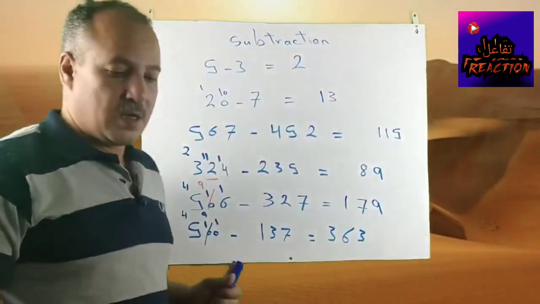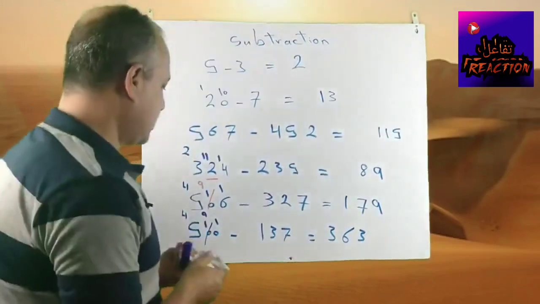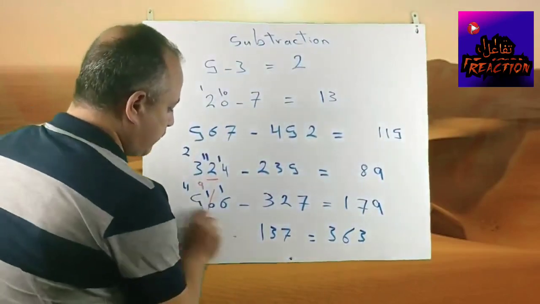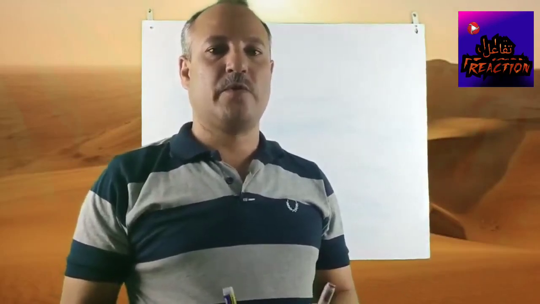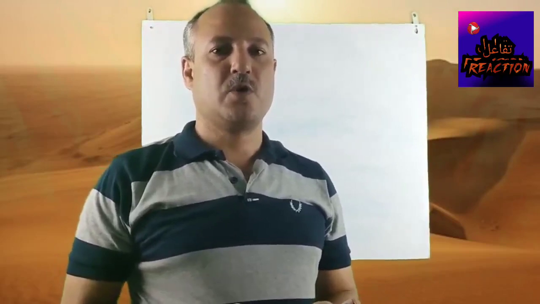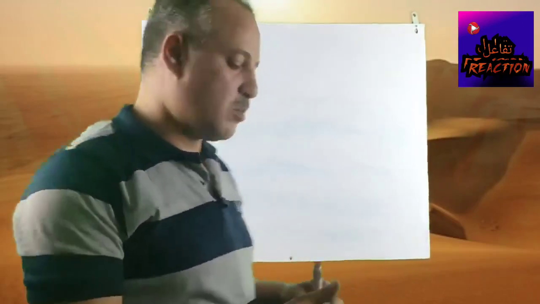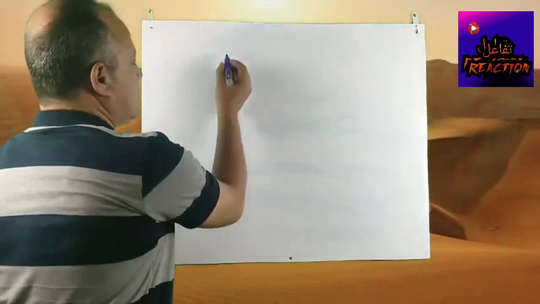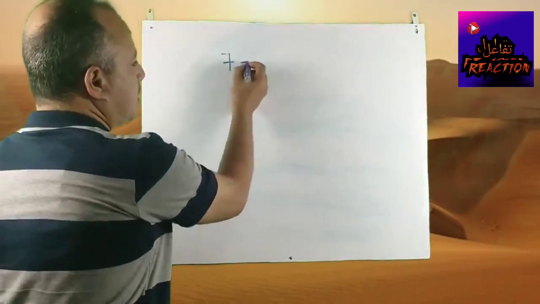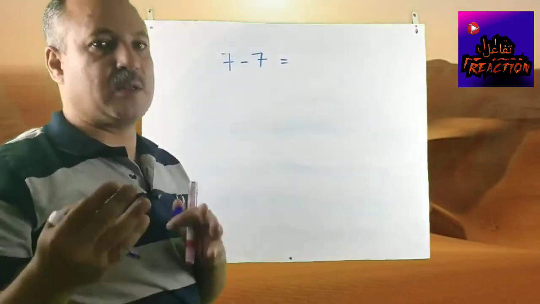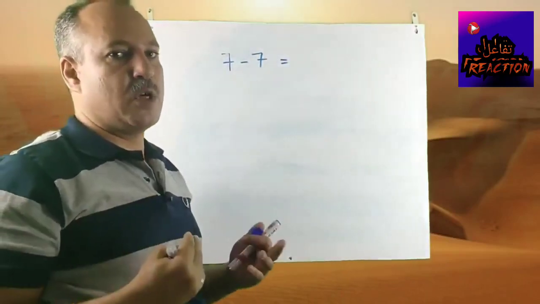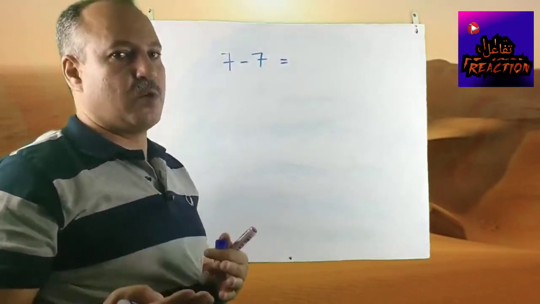Is that clear? Okay. Let's move to the properties of subtraction. As we know, if we subtract any number from itself, for example 7 minus 7 equals, if you have 7 and I take 7 from you, what's left with you?